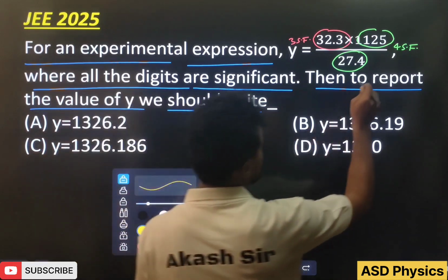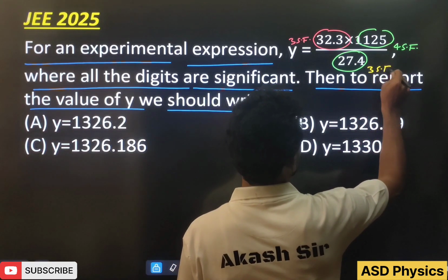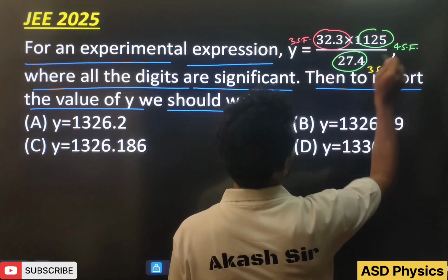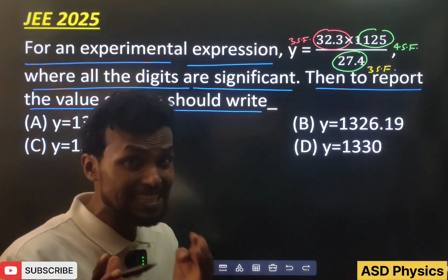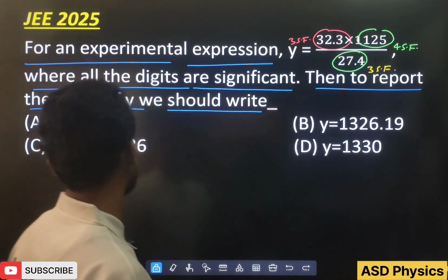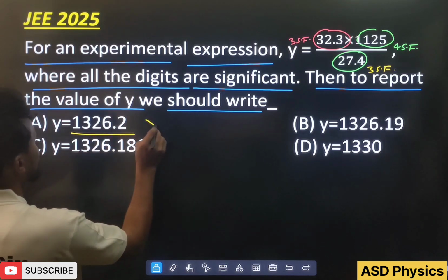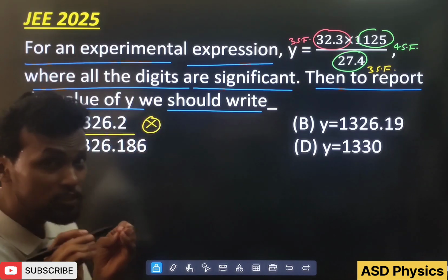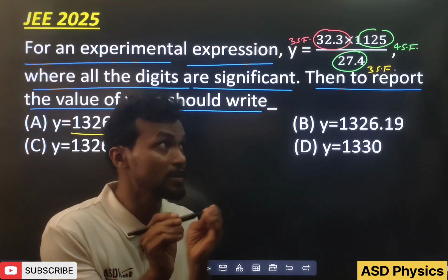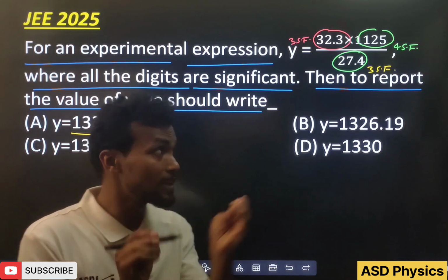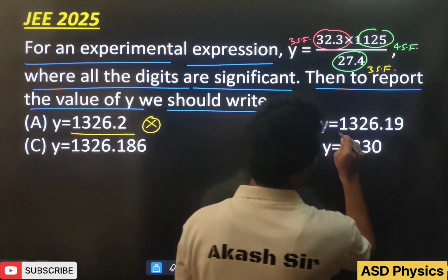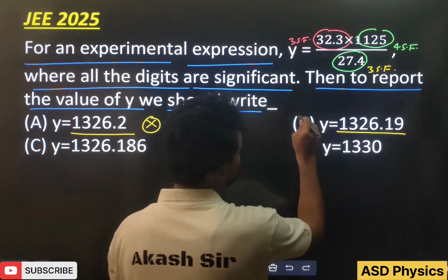Correct? So out of 3, 4, 3, which one is minimum? 3 significant figures. Here you can see how many significant figures are there? 1, 2, 3, 4, 5. That means this cannot be the answer. The answer should have the minimum number of significant figures, that means 3. Here also, students, 6 significant figures are there.